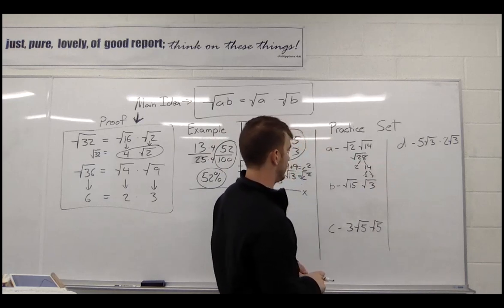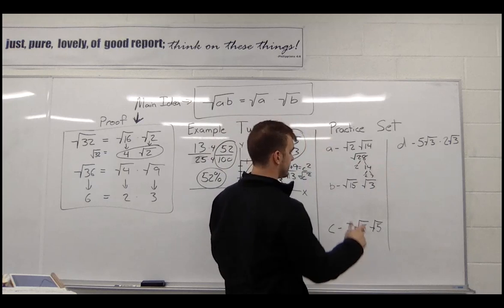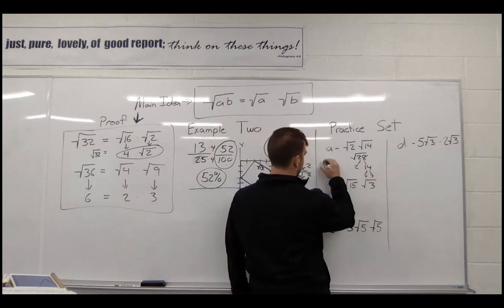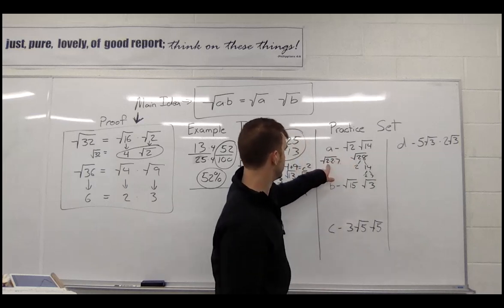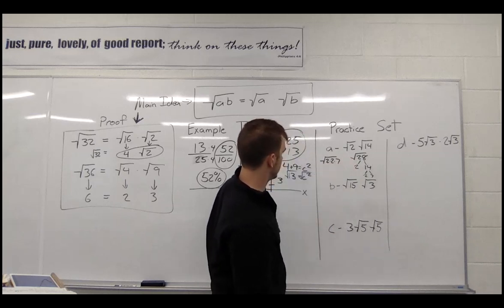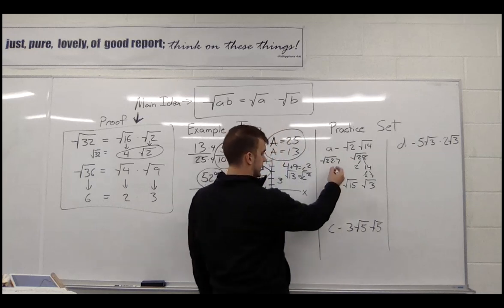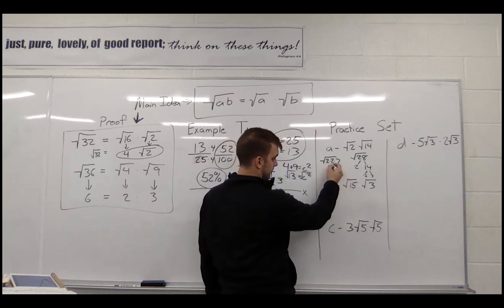So what's going to happen here is you have the square root of 2 times 2 times 7. I'm missing something here. Nope, that's right. So you know that you can pull these apart.